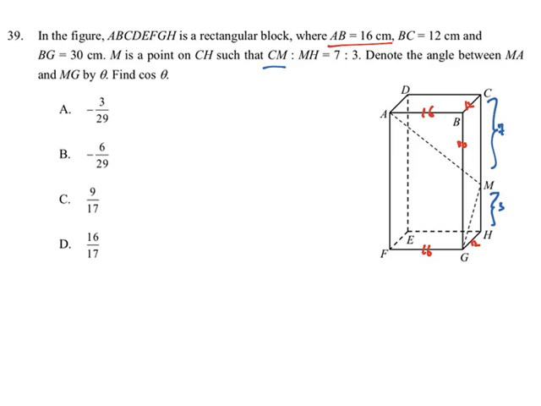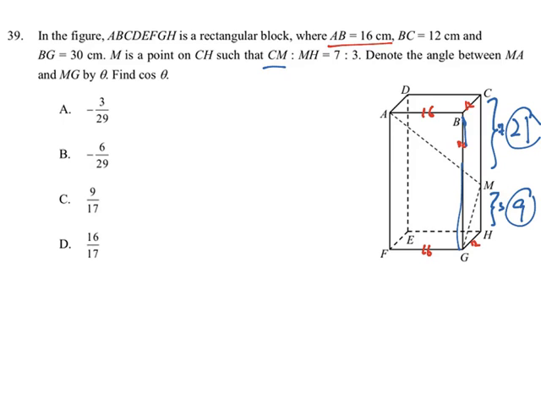For this, we have a ratio 7 to 3. The total is 30. So it is 3 times, so it's exactly 21, and then 3 times 3 is 9. So the length is 21.